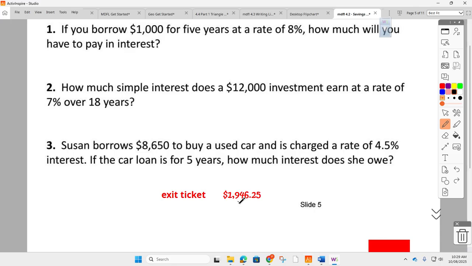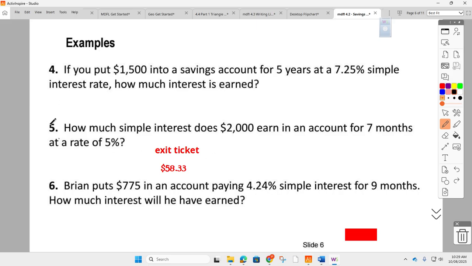All right, I'll come back to this first one for my people who are still digging. I think it's just Ezra. The next one, number 5, should be $58.33. You checking, Savannah? $58.33. Ezra, $58.33.